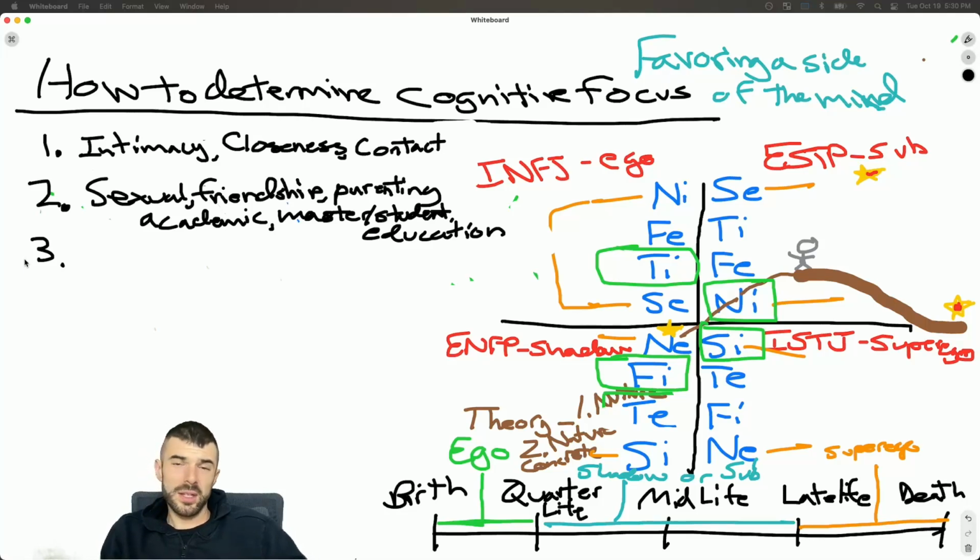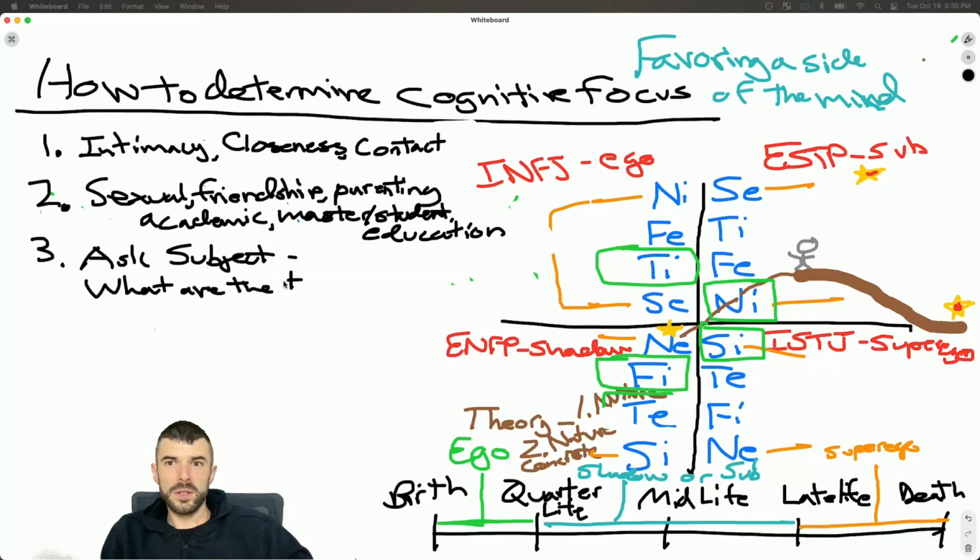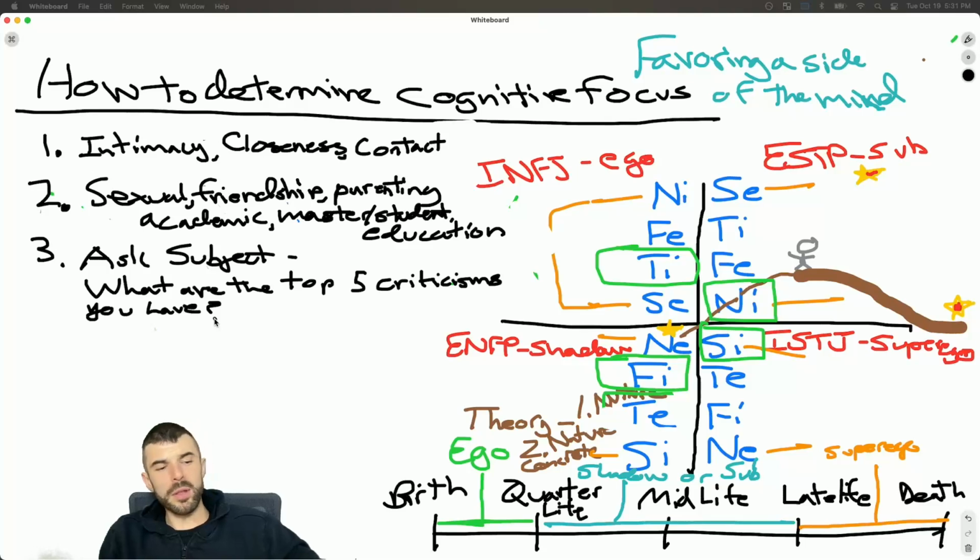So then you identify the subject, and you ask the subject this question. This is really key. What are the top 5 criticisms you have of that other person?